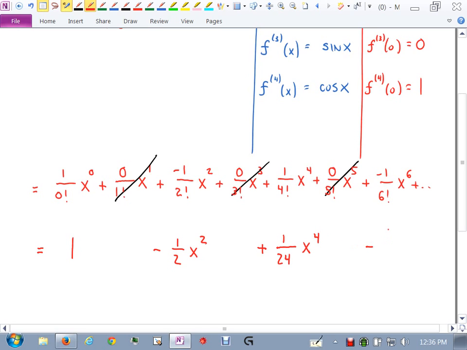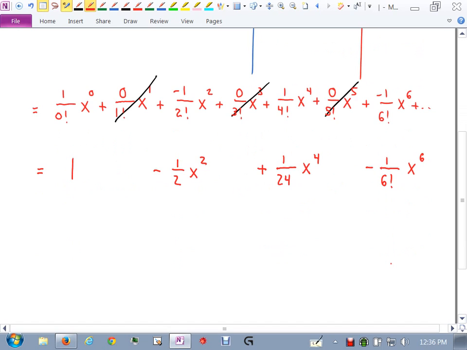Minus, what's 6 factorial? 6 times 5 times 4 times 3, and so on. I'm just going to put 6 factorial. Look, it doesn't matter. All right. Y'all okay with this? Seem all right?